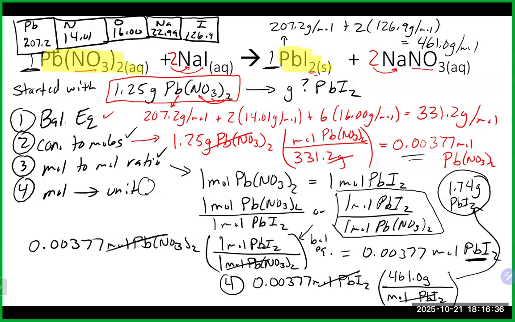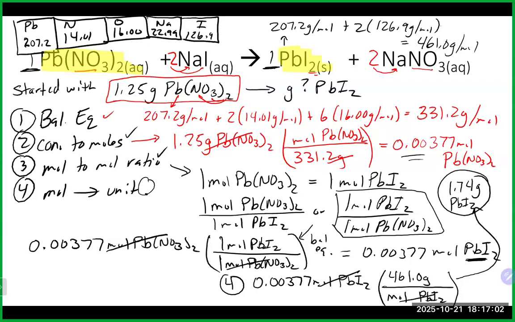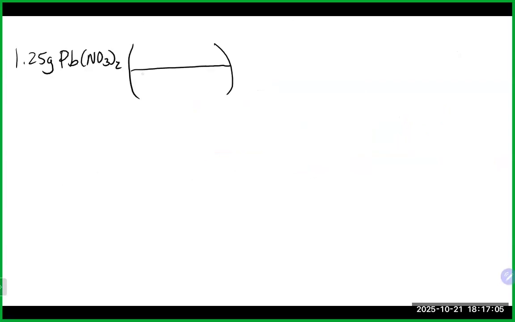So the single is really just without the intermediate. So if you just did straight across, you would go 1.25 grams of what we started with, which was our Pb(NO3)2. The first step, right, is to convert to moles. So we'll use our molar mass, which is 331.2 grams per mole of Pb(NO3)2.